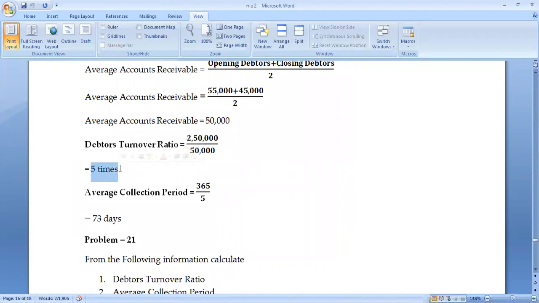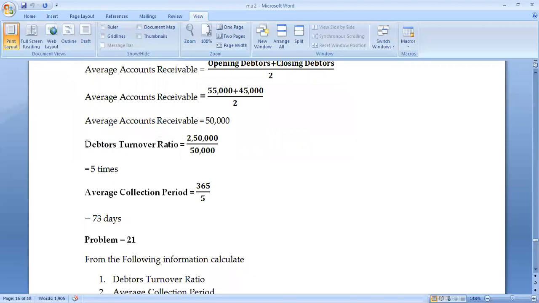Clear? The rapidity of the collection can be made from the receivables with how many times? 5 times. So we need to find out that they can make collections 5 times, with the information of debtors turnover ratio. When the term debtors comes in, remember it goes only with the sales information.